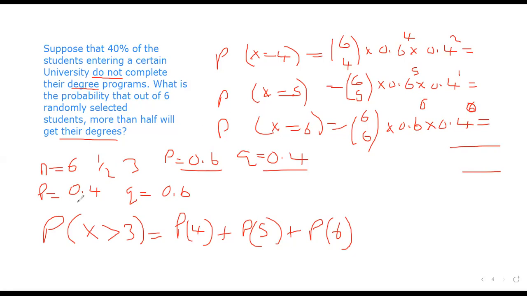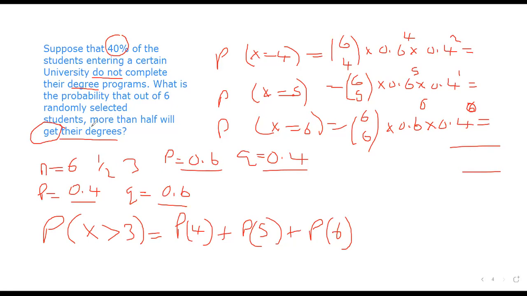If you're going to maintain our P as 0.4 and our Q as 0.6, then you need to also maintain that the 4 will be on the 0.6, which is on the other side. Because here we're no longer talking about people who do not complete. The 40% represents people who failed to complete their degrees, where 60% is for the people who actually get the degree.